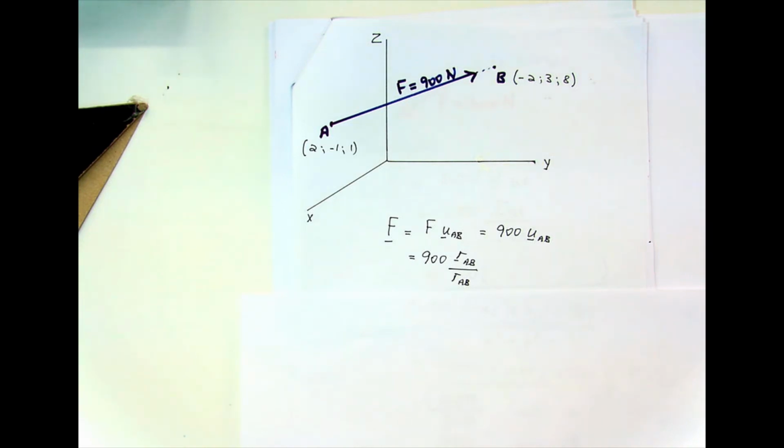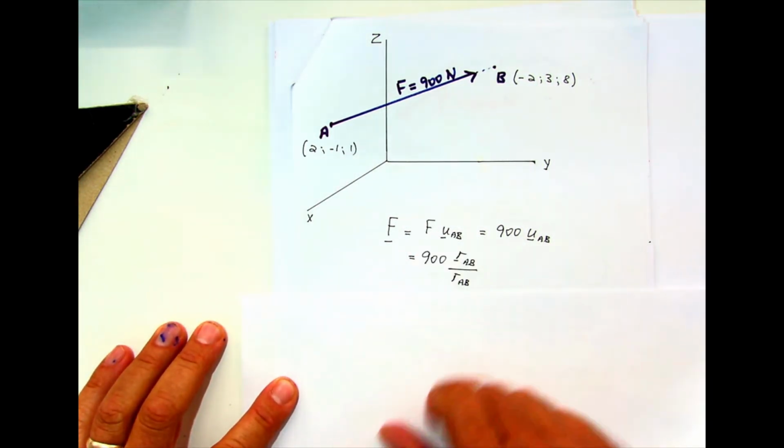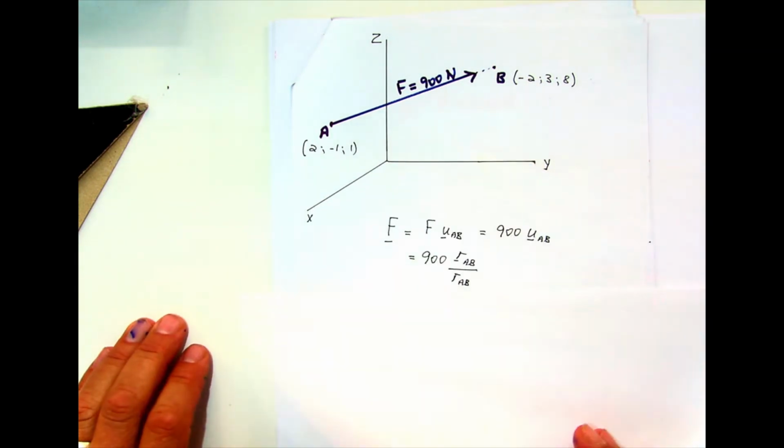Take that whole position vector R, just squeeze it together, and you get that unit vector. The unit vector is in the same direction as the R vector, but it's only got a magnitude of 1. Every unit vector has a magnitude of 1. So this is what you have to do. You've got to work out the position vector and divide it by its magnitude.